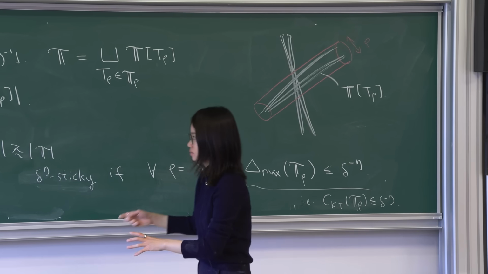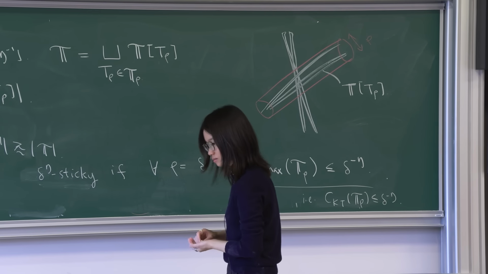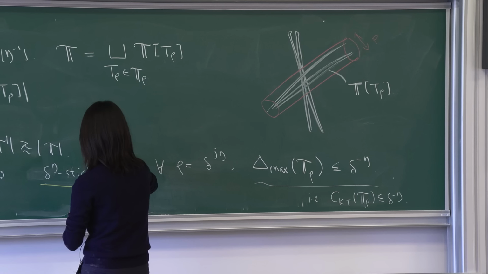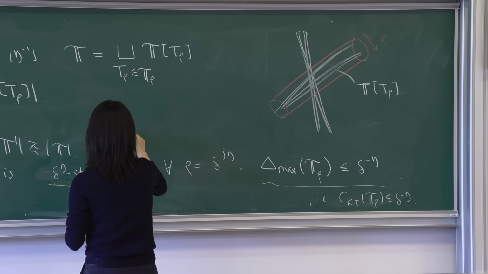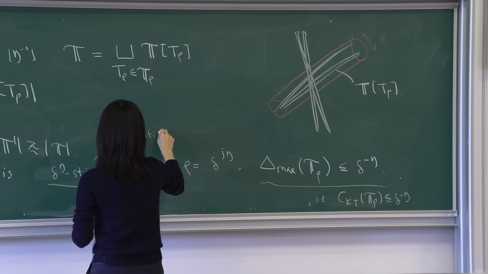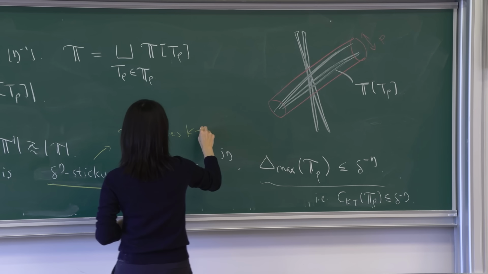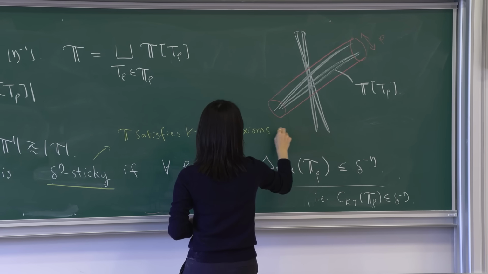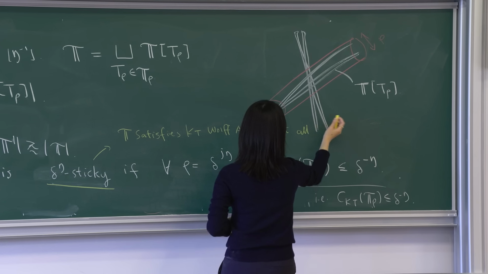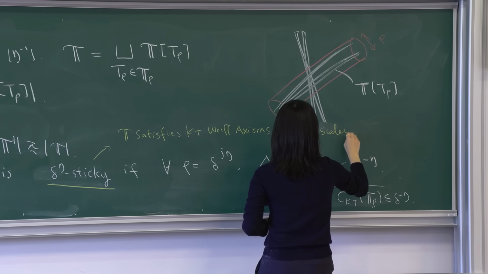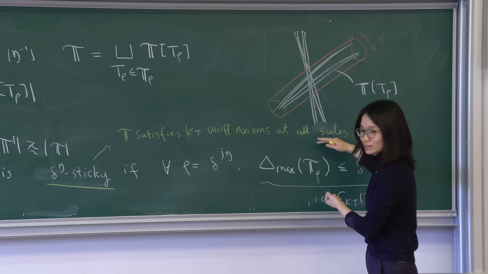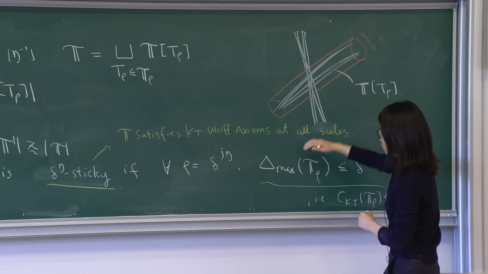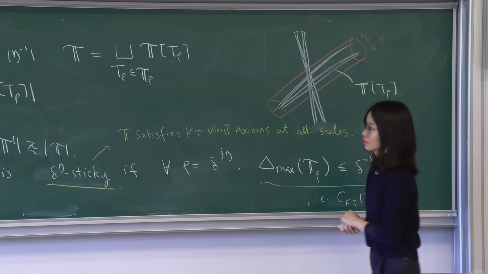Sometimes delta to the eta sticky is just shorter, but sometimes I prefer to write that T satisfies the Katz-Wolff axioms at all scales. But what this definition really means is as follows.